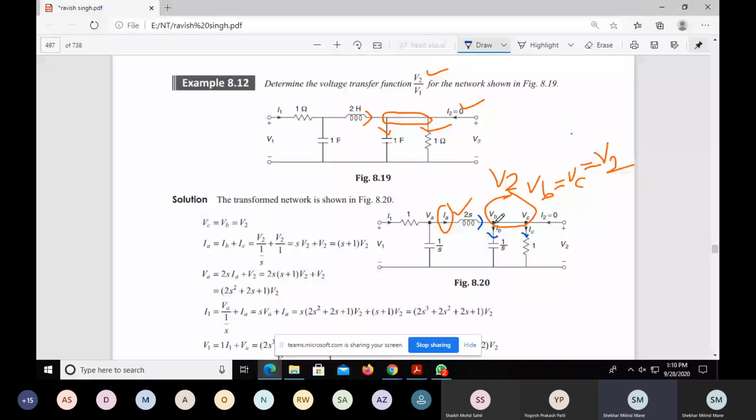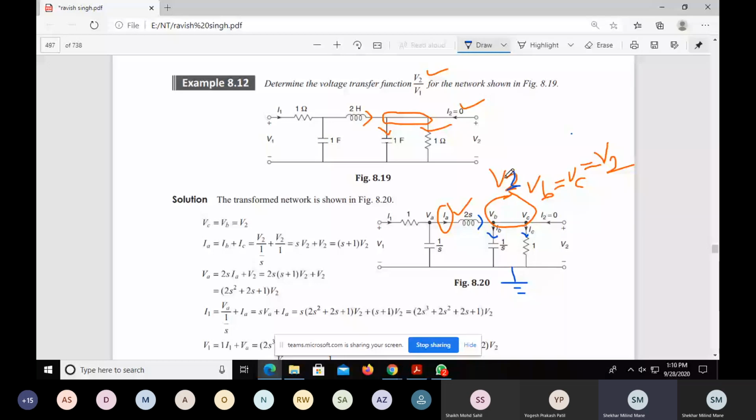IB is the current flowing from node voltage VB to the ground. So VB upon 1 by S, and here V2 upon 1, which is nothing but V2 only.